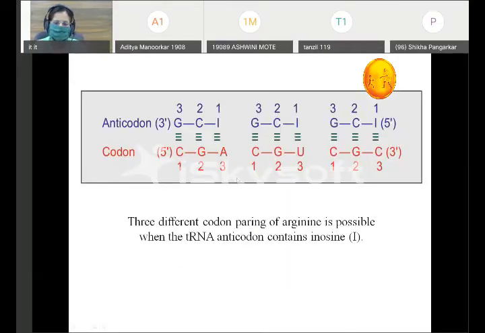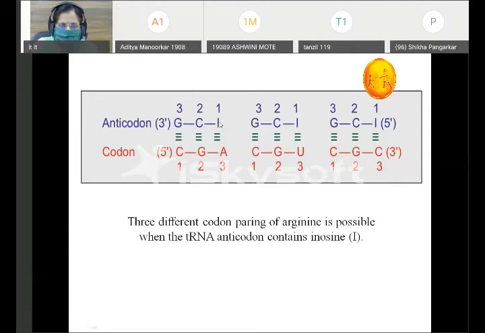Okay, so three different codon pairings for arginine are possible when the tRNA anticodon contains inosine. As I have told you, it is the intermediate base that is synthesized during purine synthesis.